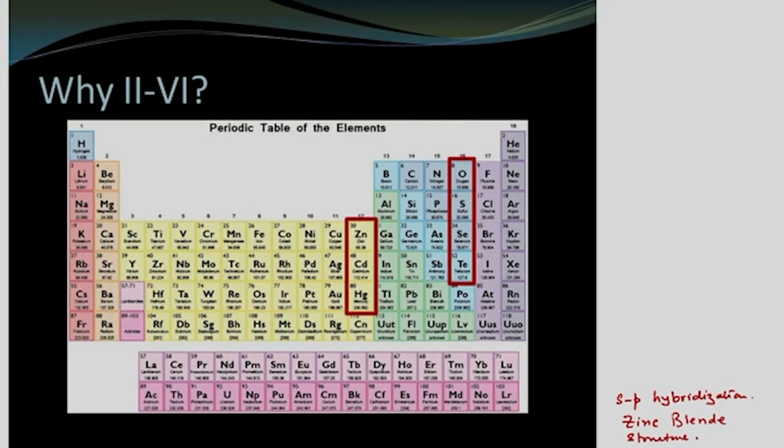Okay, and so they actually belong to columns 12 and 16 of the periodic table, and you see that there are zinc and cadmium and mercury. This is one of the things that are important. These two, cadmium and mercury, are important in this particular context, and either selenium or tellurium.